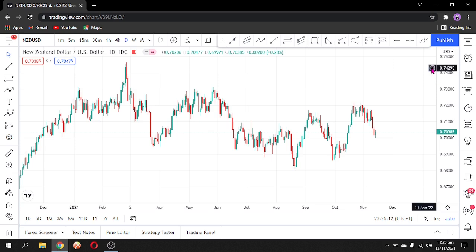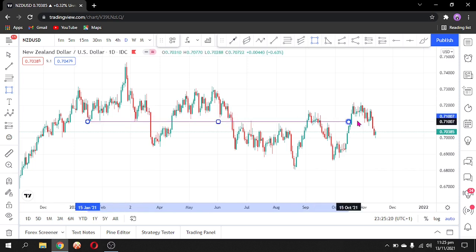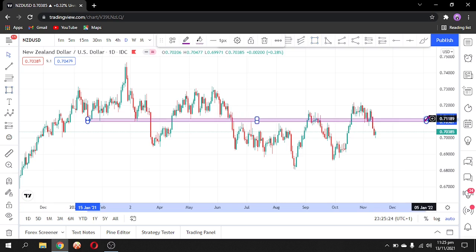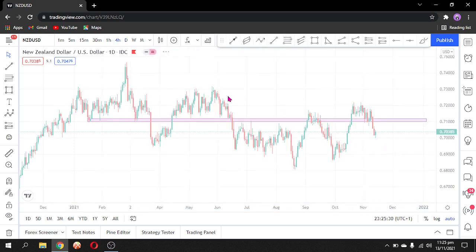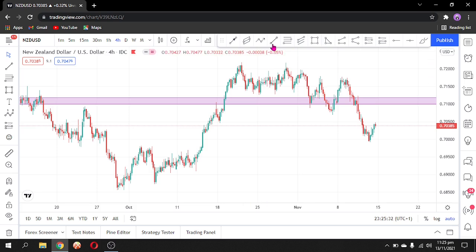And this is the daily time frame, and we have a significant zone here. And if I go back to the 4-hour time frame, we have a bearish trend line.